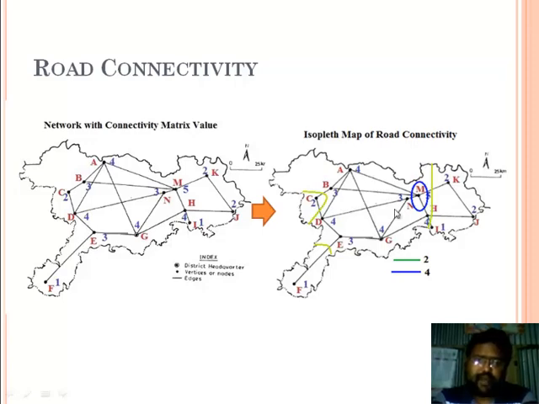The areas having a moderate connectivity matrix value can be shaded moderately, and the areas having a higher connectivity matrix value can be shaded densely. You can apply color also in place of shade.